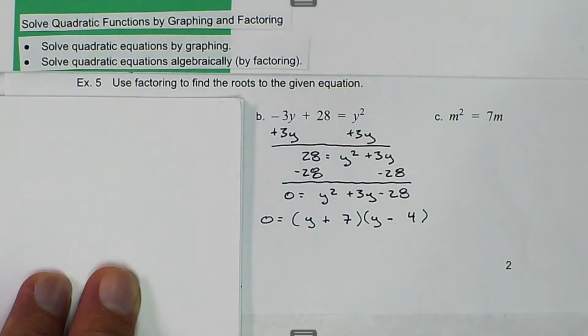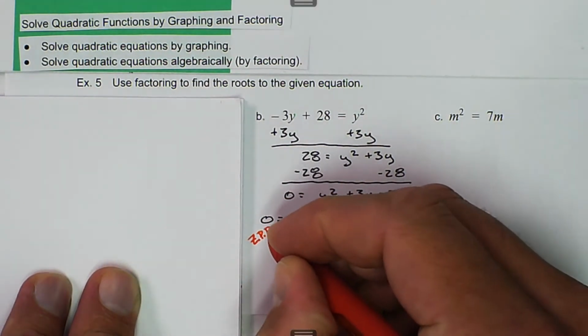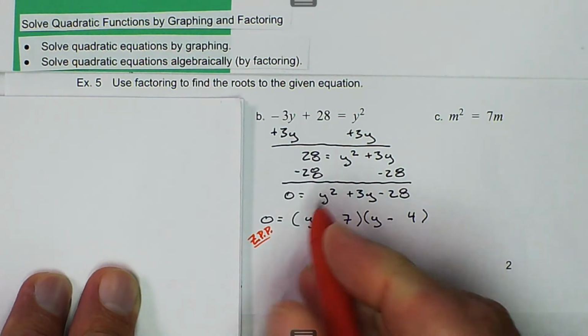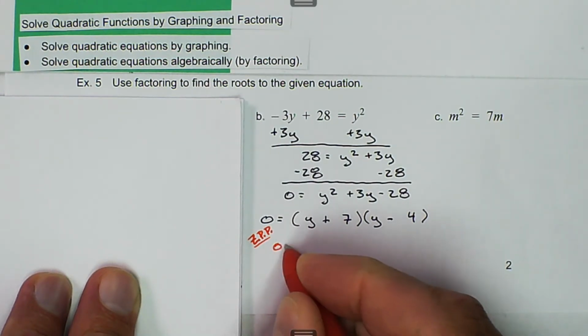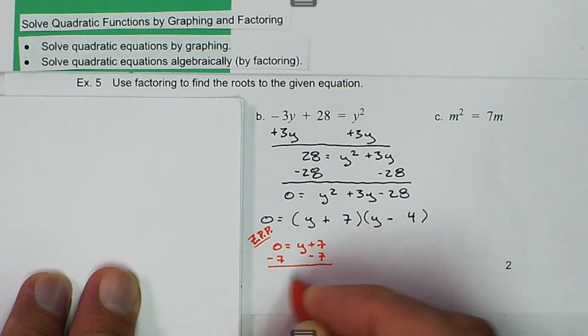Then we can use our zero product property, and we can set each equal to 0. So 0 is equal to y plus 7. So we subtract 7, and we get y is equal to negative 7.